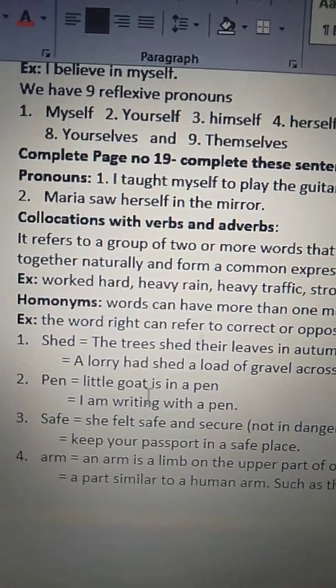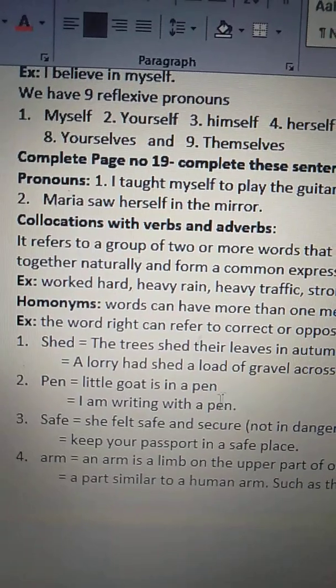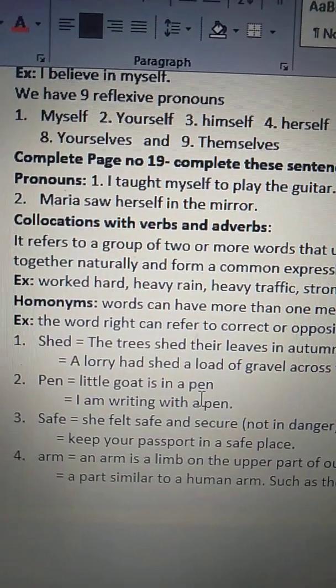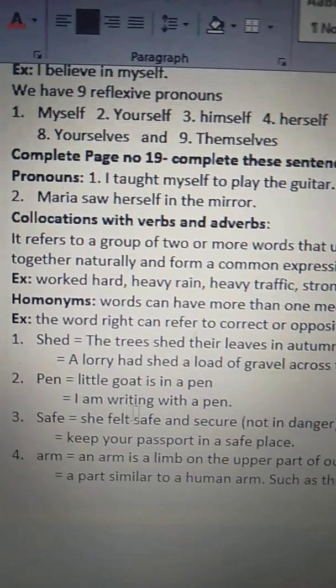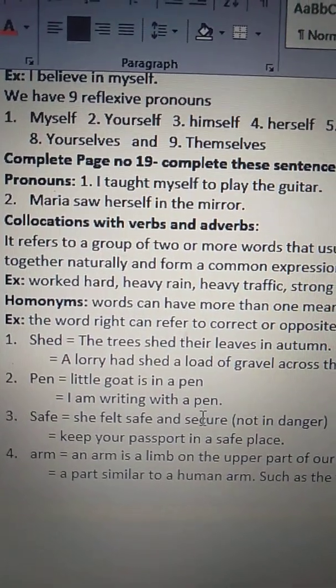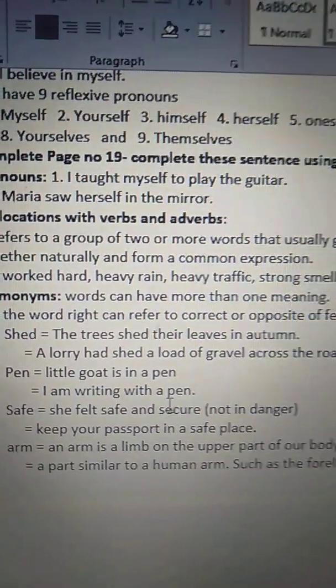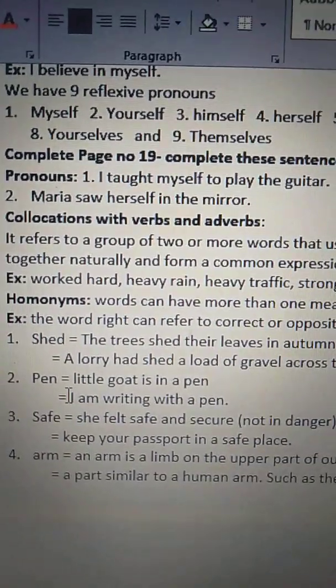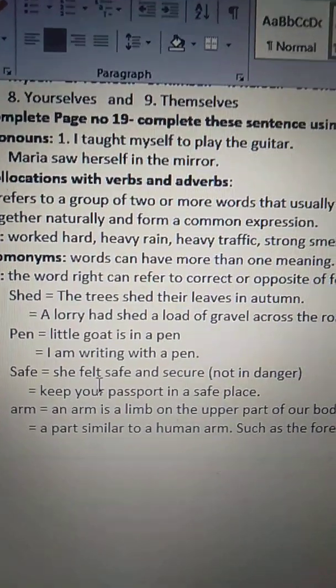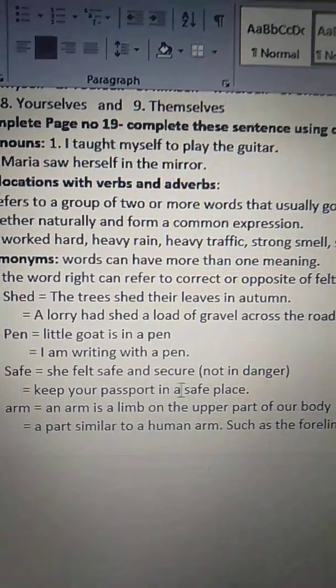Okay. Second one, pen. Little goat is in a pen, and we can use the same word with another meaning. I am writing with a pen. So words which can have more than one meaning, we call them homonyms. See the third one, safe. She felt safe and secure.